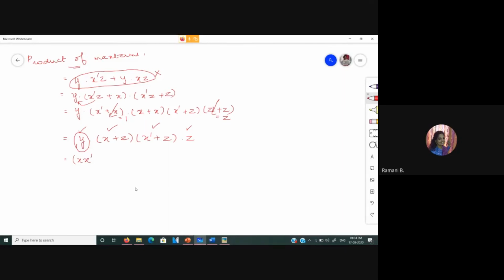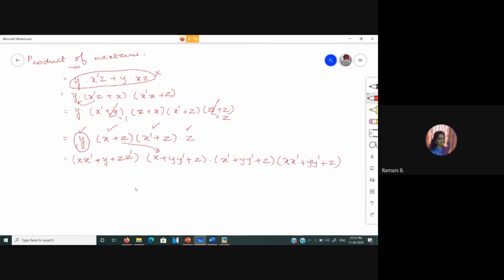So you will be having x bar plus y plus z bar. Ma'am, actually, you have to add x bar plus z bar. Yes. Okay. For the next term, what will I add? X bar and y bar. That is for z, right? For y bar, this term. Ma'am, y bar plus z dot x bar plus y bar plus z. And for the last term, as you said, x bar plus y bar plus z.